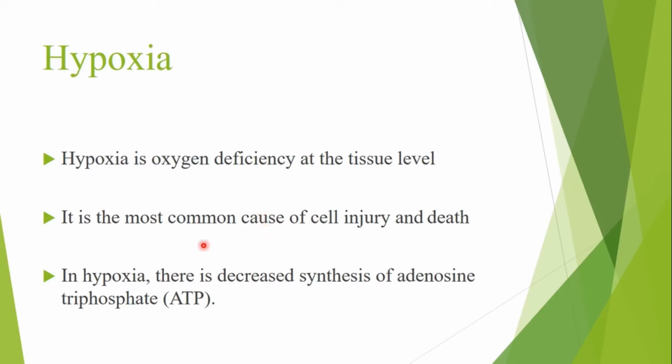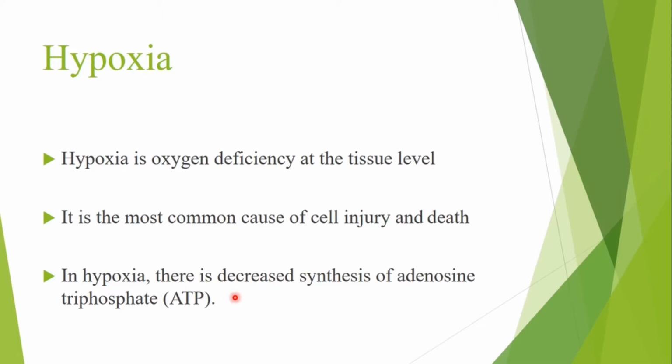And in hypoxia, there is decreased synthesis of ATP. So let's take a moment and talk about the synthesis of ATP. ATP is synthesized in the inner mitochondrial membrane by a process called electron transport chain and oxidative phosphorylation. As the name electron transport chain implies, there is transfer of electrons from electron donors to electron acceptors, and the final electron acceptor in this reaction is oxygen.